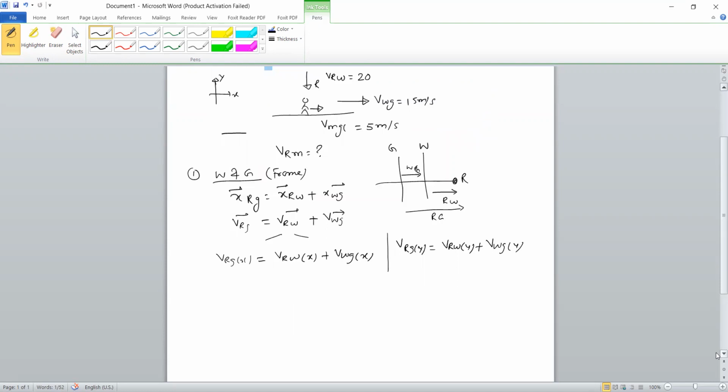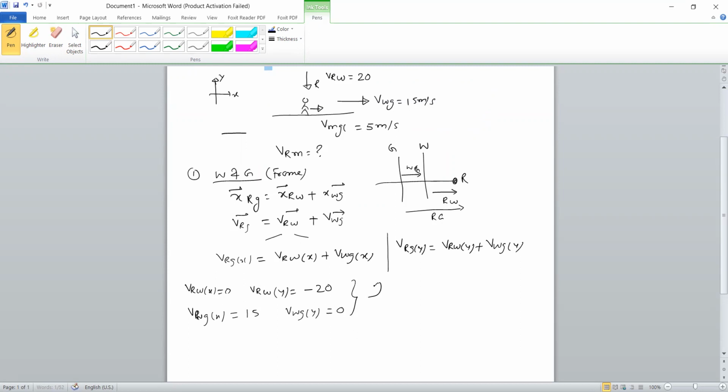So let us put in the values. VRWX is 0. VRWY is minus 20, considering the downward direction as negative. We are writing velocity, that's why the negative sign is there, it's not the magnitude. VWGX is 15, and VWGY, the velocity of wind to ground in the y direction, is 0.